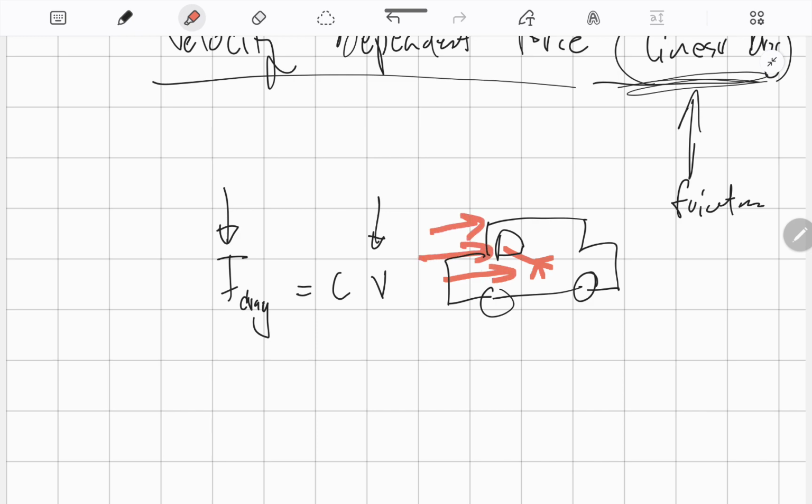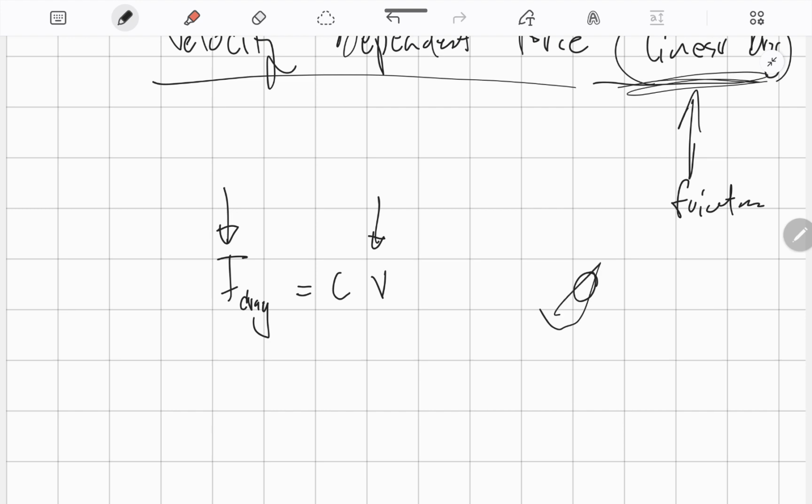Whatever your hand does causes drag, and drag is a force that is a function of velocity. As a car goes quicker there will be more drag, and if it goes slow or is stationary, there won't be any drag. So I'm trying to give you an example where force is a function of velocity.